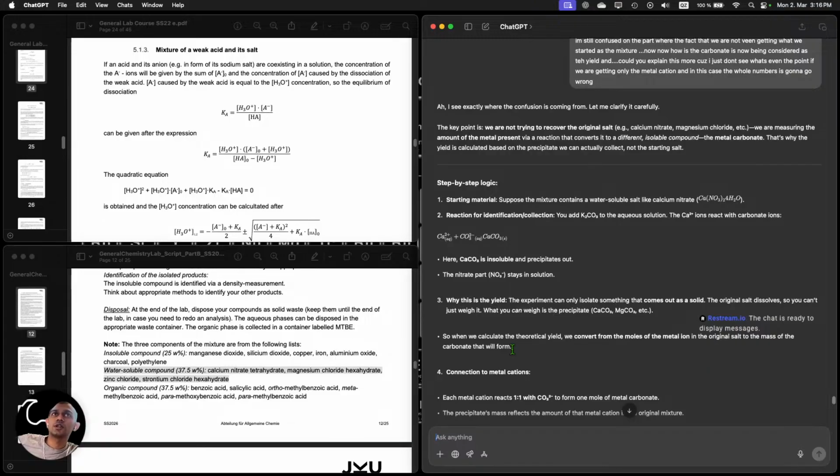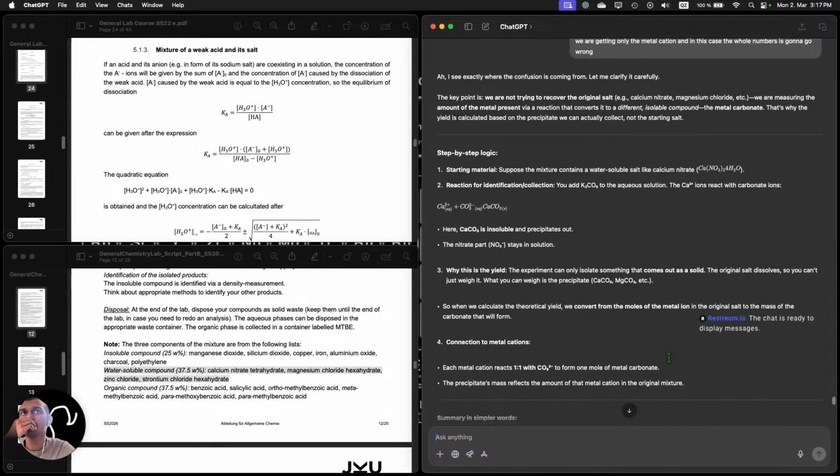So when we calculate the theoretical yield, we convert from the moles of the metal ion in the original salt to the mass of the carbonate that will form.